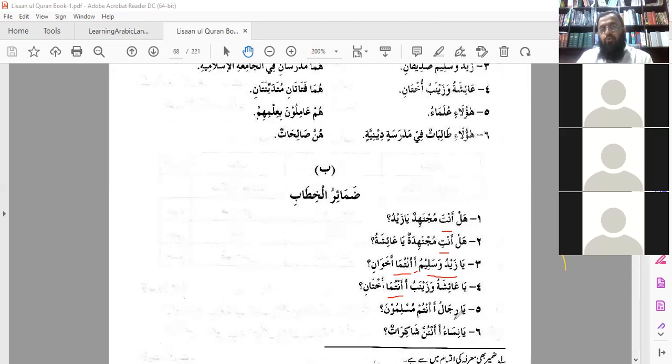But when it comes to jama, that is different. Ya Rijalu, antum Muslimun. Oh men, are you Muslims? Antum. Ya Nisa'u, oh ladies, antunna shakiratun. It means what?